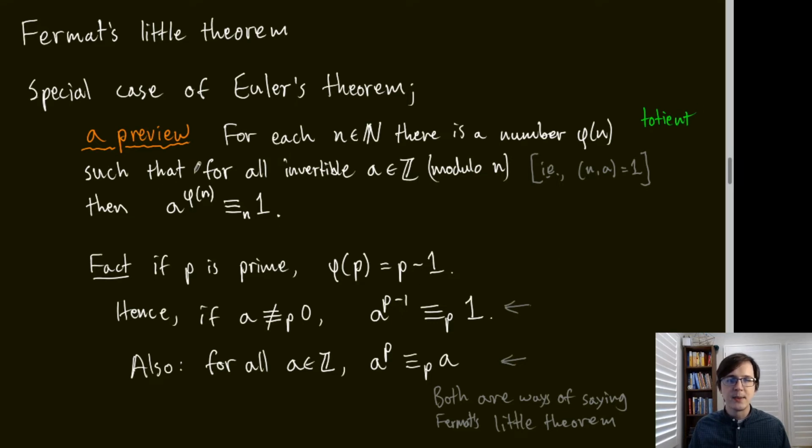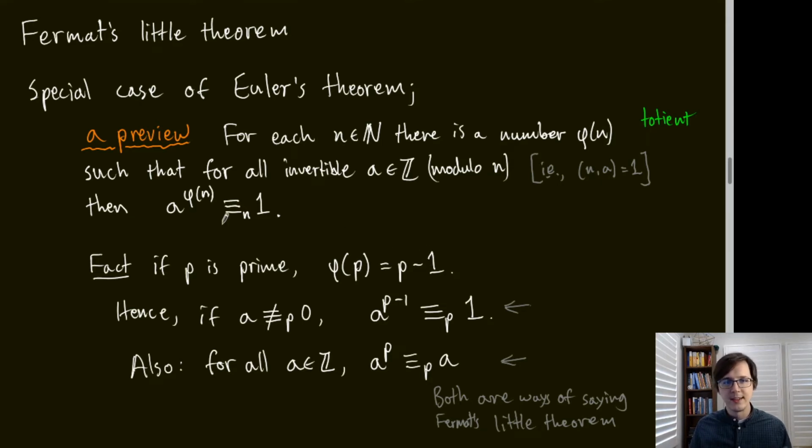And it has the property that whenever you have an invertible number modulo n, which remember is that it's coprime to n, then when you raise that number to the totient of n, you get 1 mod n. And a fact is, this totient, when you apply it to a prime number, you get p minus 1.